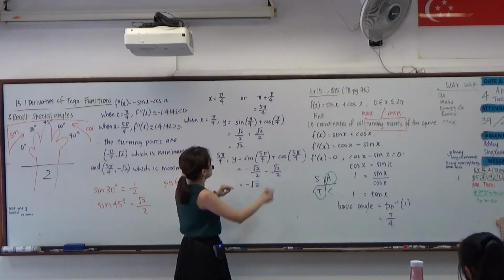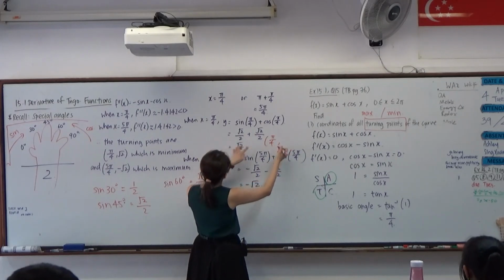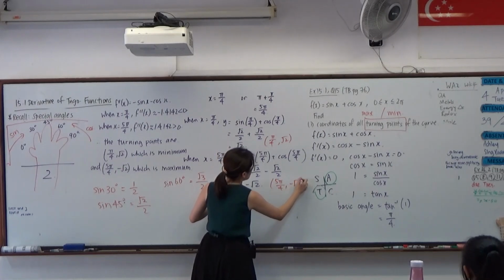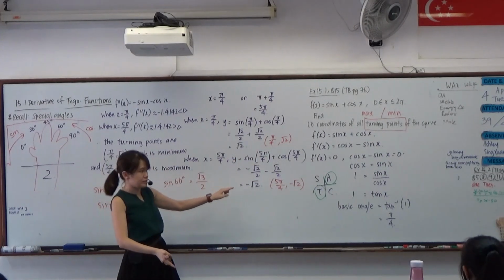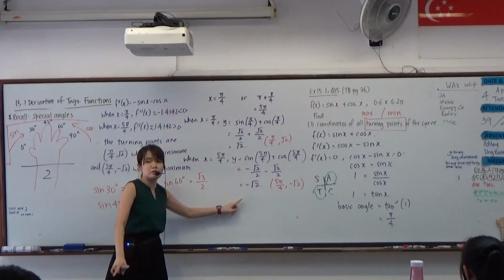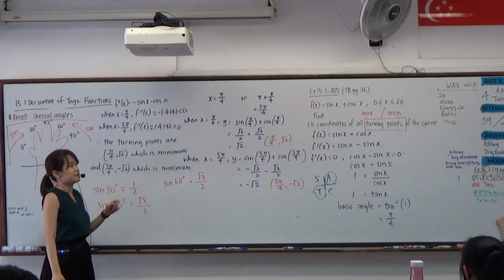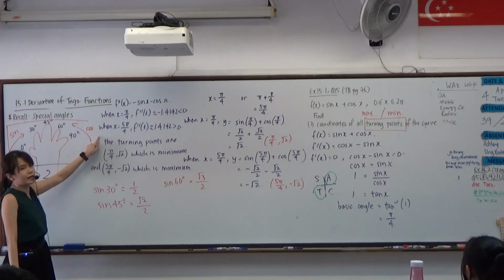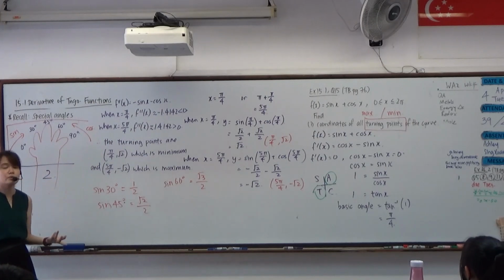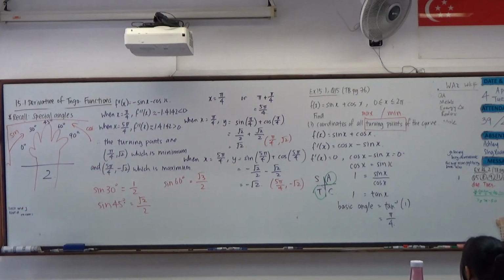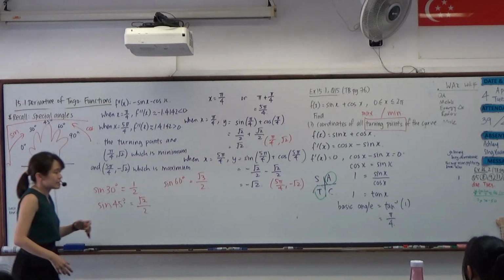At this juncture, all you know is that pi over 4 and root 2, and 5 pi over 4 and negative root 2, are stationary points based on our calculations. I have not yet verified that they are turning points, because if they are points of inflection, then they are no longer turning points. So I do my second derivative test, or you can do your first derivative test, and determine whether they are minimum or maximum to conclude that they are turning points. That is the catch in this question.